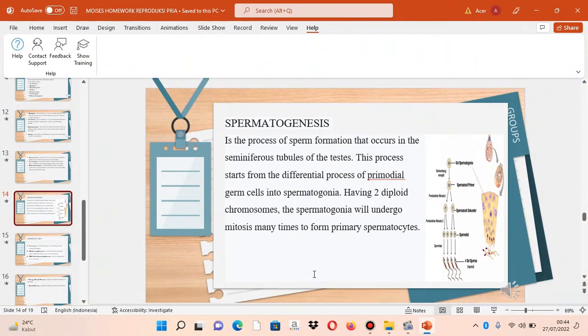Spermatogenesis is the process of sperm formation that occurs in the seminiferous tubules of the testes. This process starts from the differentiation of primordial germ cells into spermatogonia. Having diploid chromosomes, the spermatogonia will undergo mitosis many times to form primary spermatocytes.